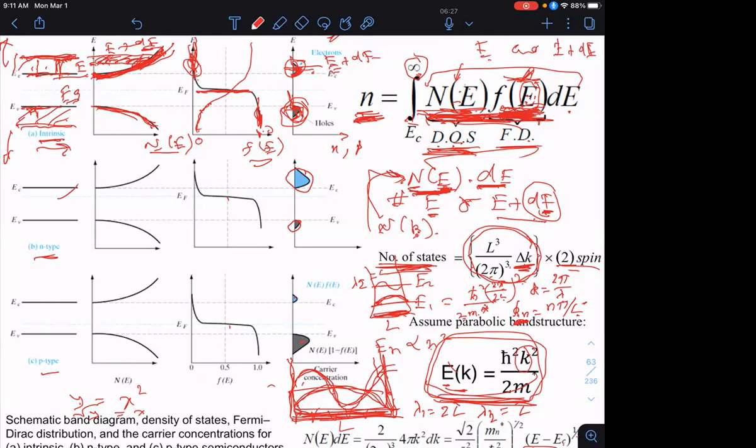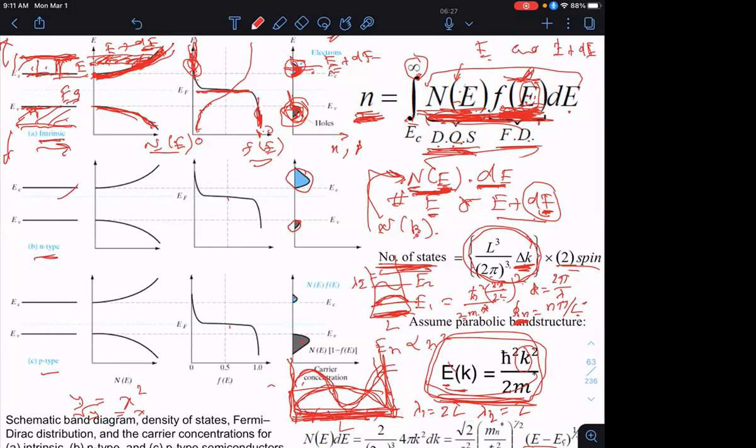It's given by h bar squared k squared over 2m star, where m star is not the actual mass of the electron, but a so-called effective mass. Nothing funny about this effective mass. Effective mass captures the interaction of the electron with the periodic crystalline potential in the semiconductor.